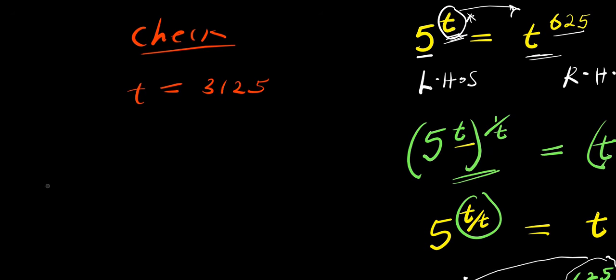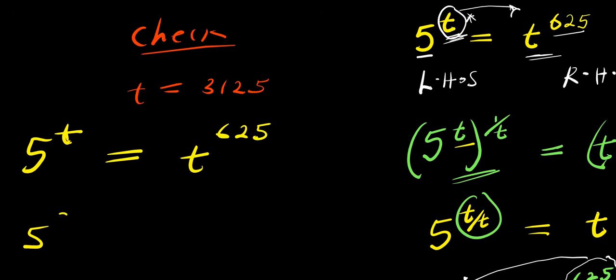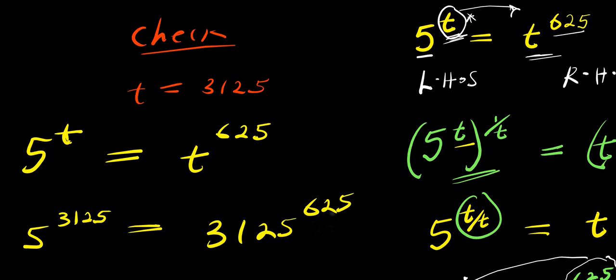And remember, this is 5 to the power of t equals t power 6 to 5. So that is 5 to the power of 3125 equals 3125 to the power of 6 to 5.